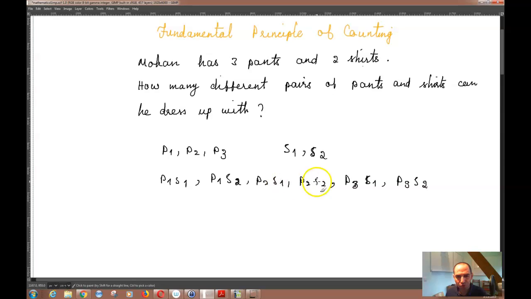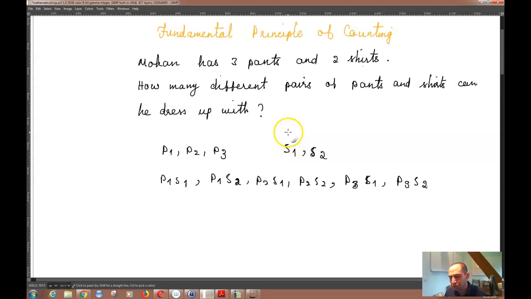Of course, we have written them in such a way that none of these has been repeated in any way. For example, pants 1 with shirt 1 has been written only once. Pants 1 with shirt 2 has been written only once.